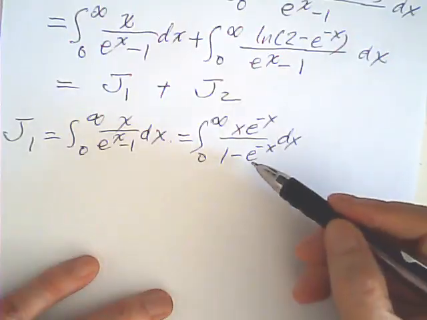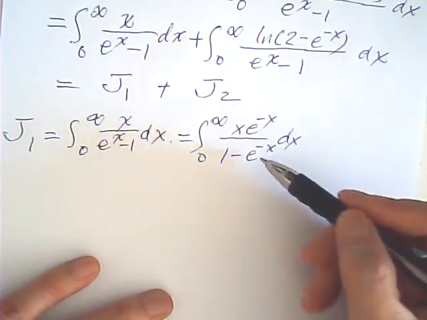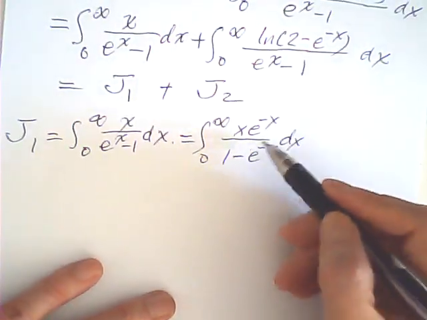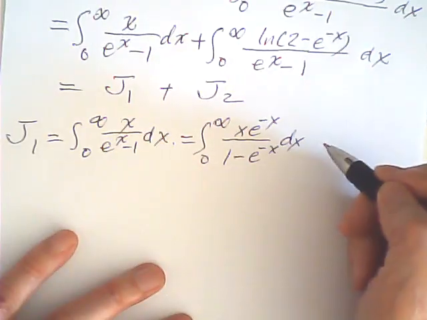Since e to the negative x in this interval is less than 1 in absolute value, we can expand this as a power series.